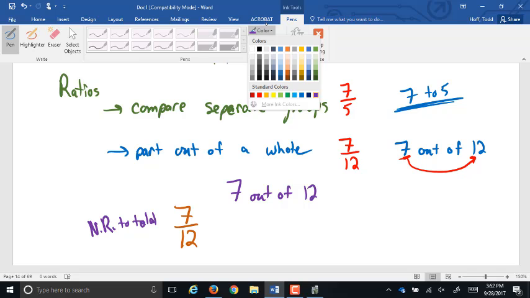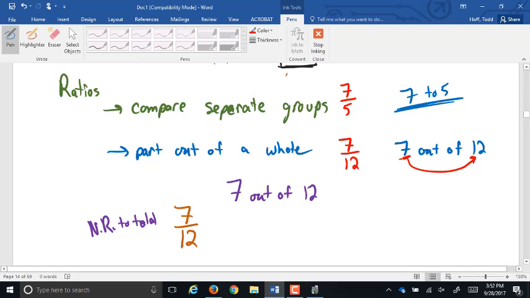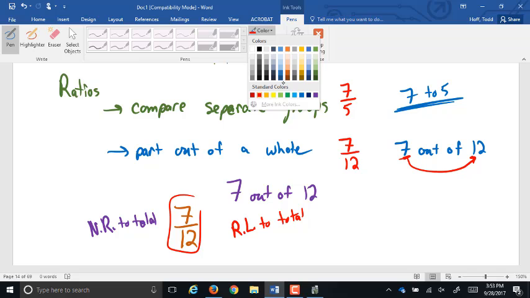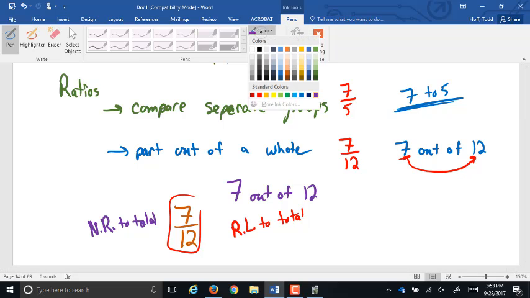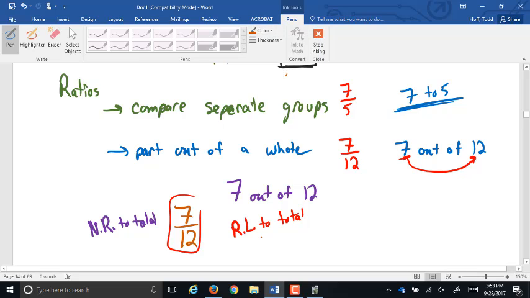If we know that there's only one other group, the Rice Lake group, from that we could get the Rice Lake to total ratio. Because if 7 are from New Richmond out of 12, that leaves how many? 12 minus 7, 5 out of 12 are from Rice Lake.